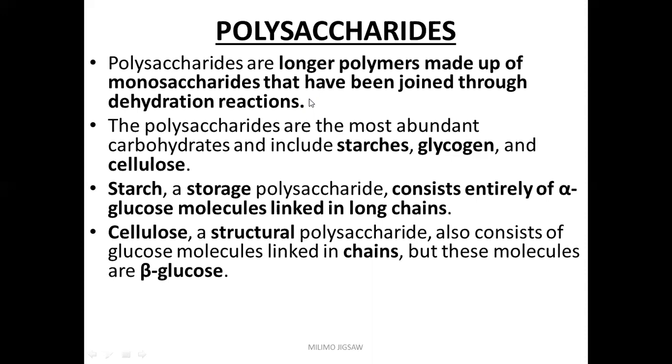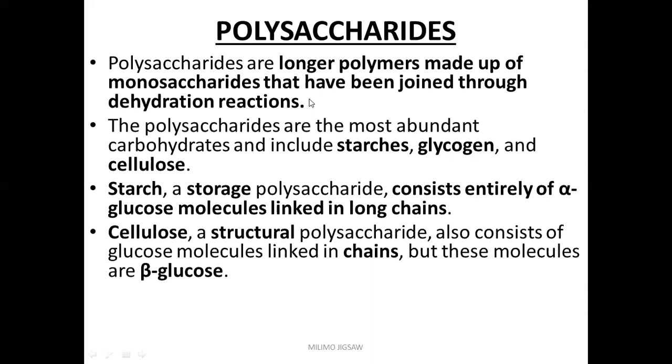Then cellulose. Cellulose is a structural polysaccharide. So starch is a storage polysaccharide, and cellulose is a structural polysaccharide. It also consists of glucose molecules linked in chains, but these are beta glucose molecules.